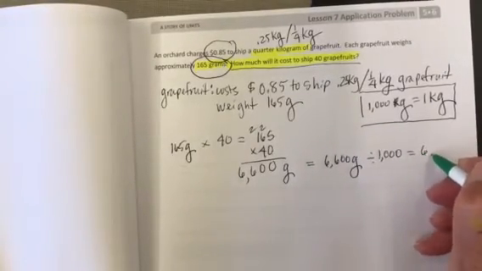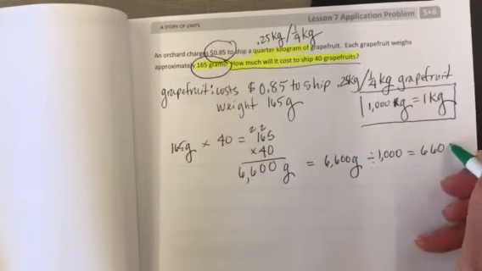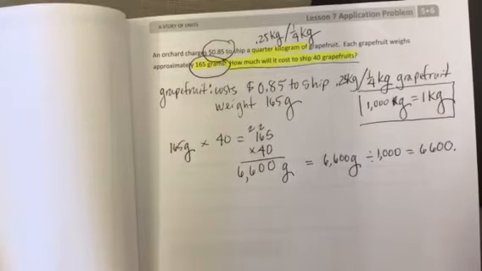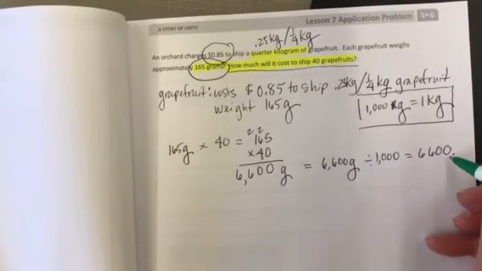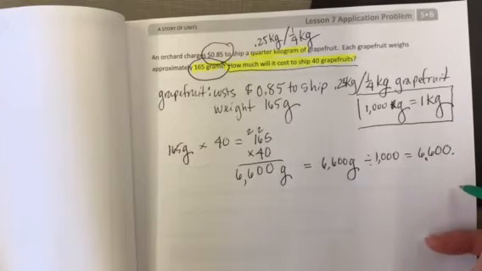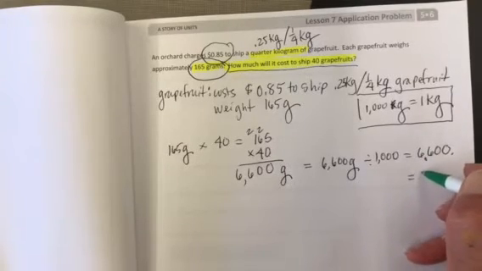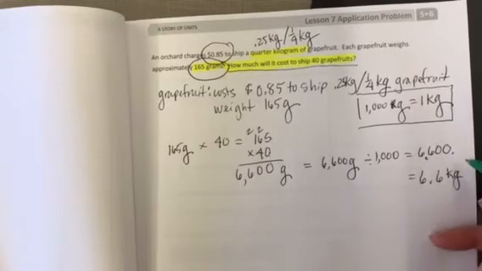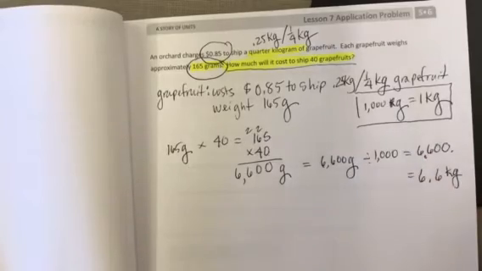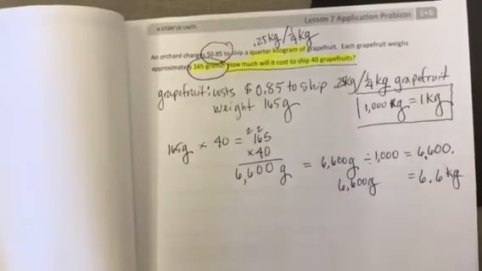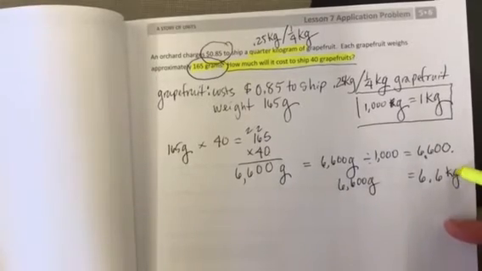When I'm dividing, the number's getting smaller, so there's my invisible decimal at the end. 1, 2, 3, and that's going to equal 6.6 kilograms. 6,600 grams equals 6.6 kilograms. Keep that in mind.